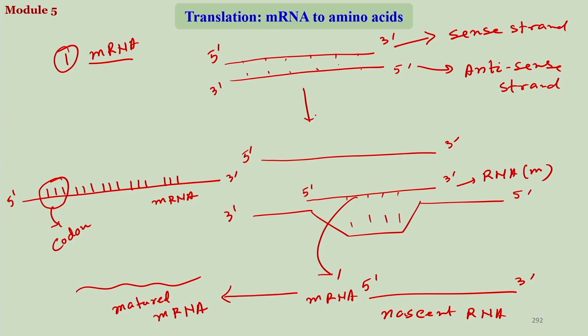They have some importance that we will see as we move on. So, mRNA can now be divided into a number of codons. This is one codon, this is another codon, this is another codon, this is another codon, this is another codon. So, all are codons, 3 nucleobases together. That is about the mRNA.